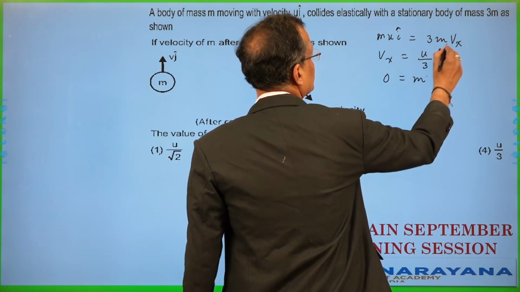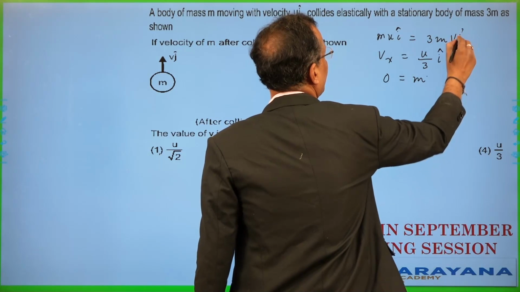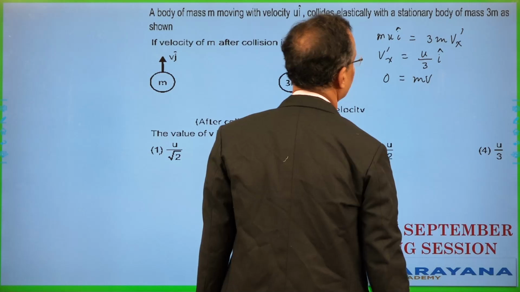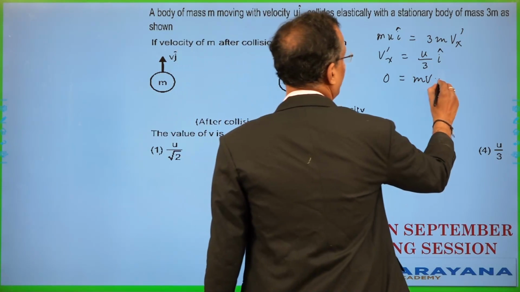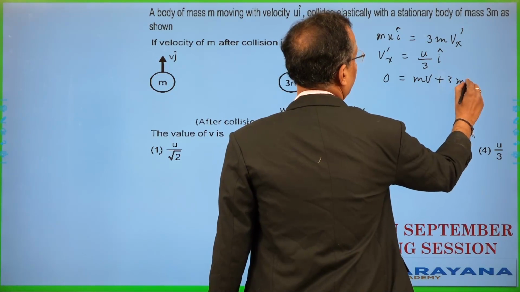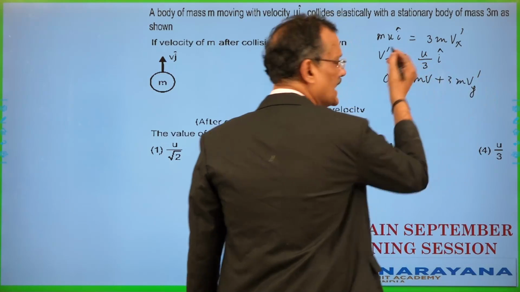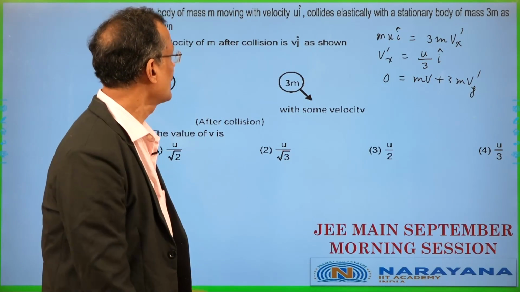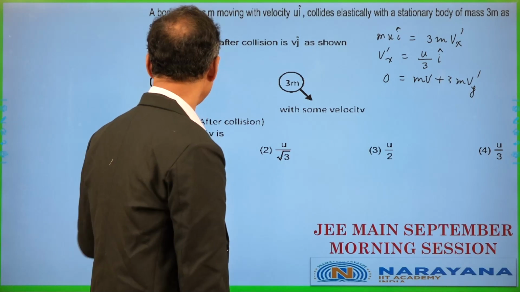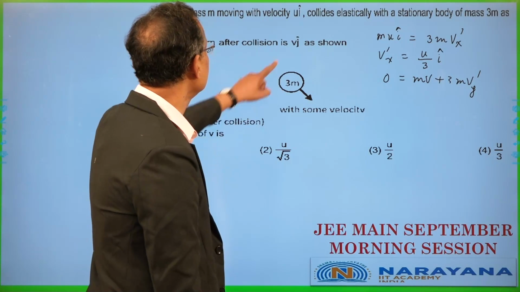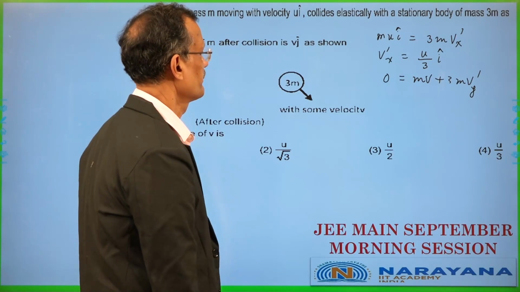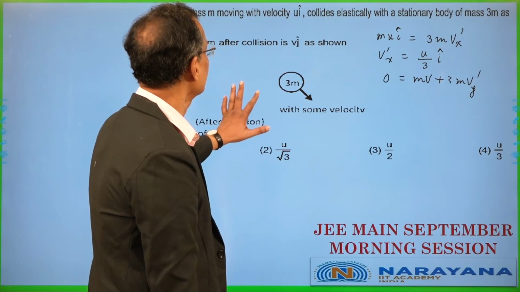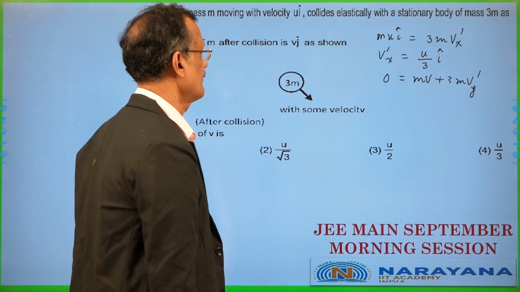I will take this as V dash for the velocity of mass 3m, which is better. Because they are asking you the value of v. Clear to you? I have the velocity of m after collision, this is the final velocity of m.